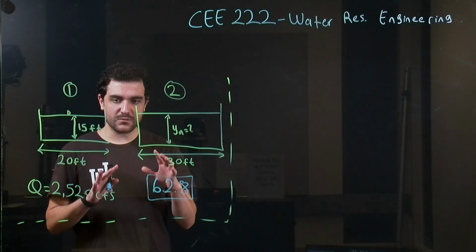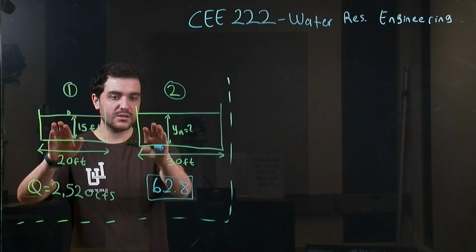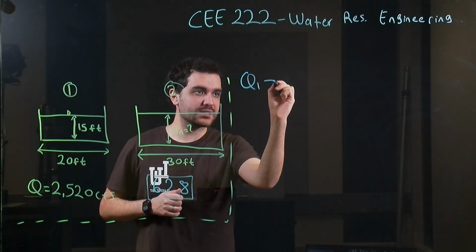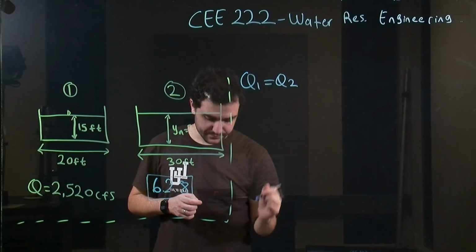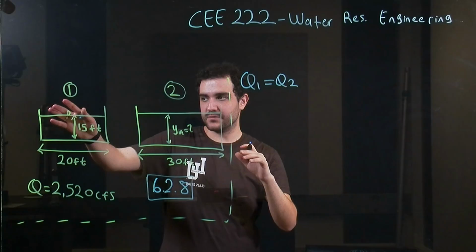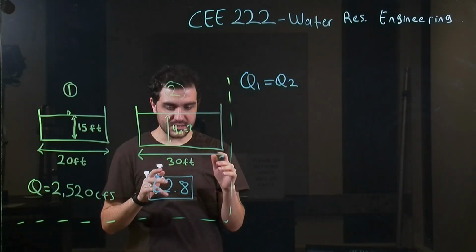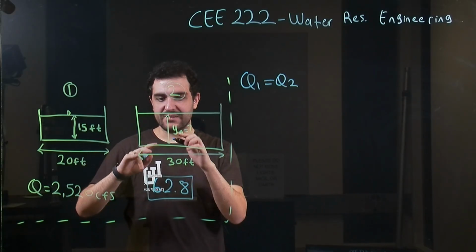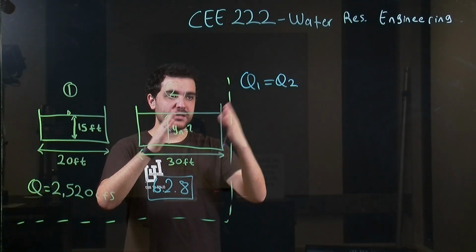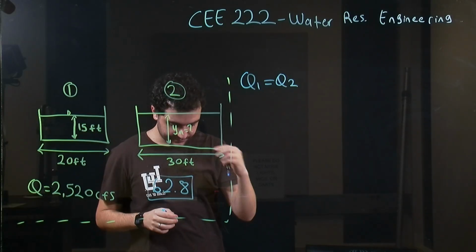So we know that the flow rate will be the same for both of these channels, so we can write Q1 is equal to Q2. This will help us to equalize both of these channels using Manning's equation, because in the Manning equation we will see the impact of this expansion, so that we can eliminate some values and get the normal depth for this channel.